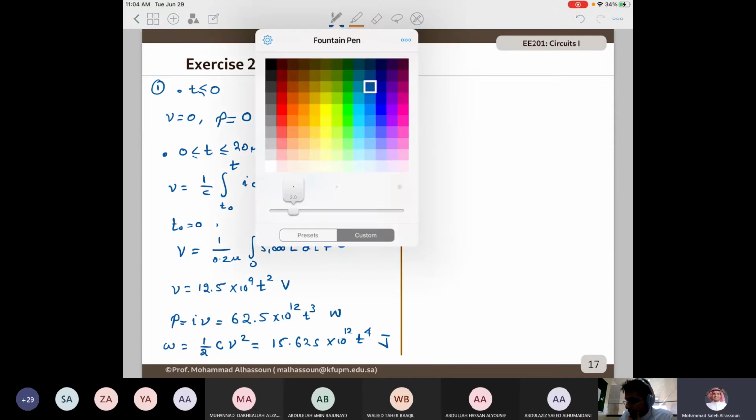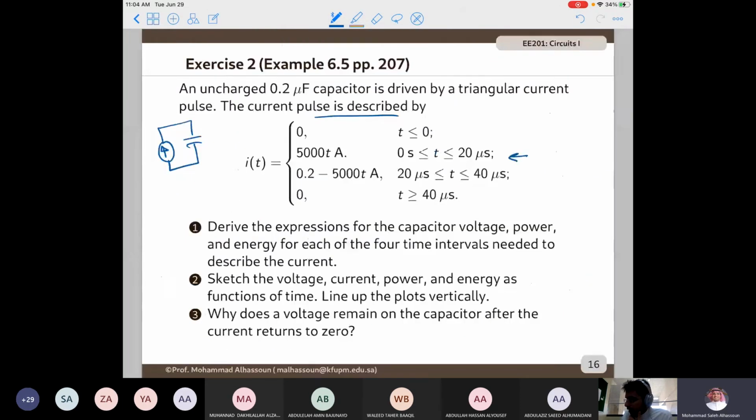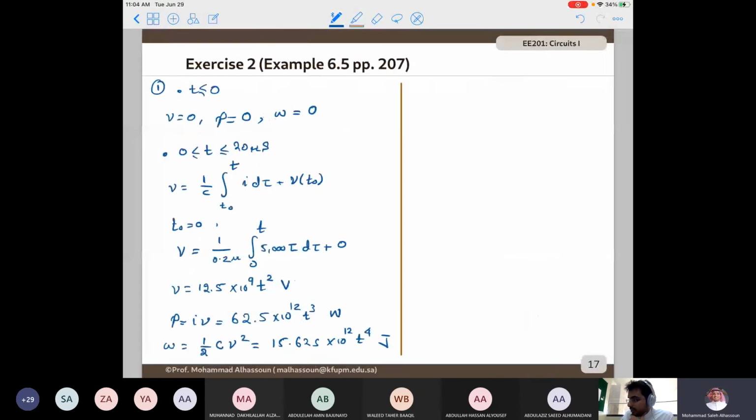Let's check the third interval, which is 20 microseconds to 40 microseconds.